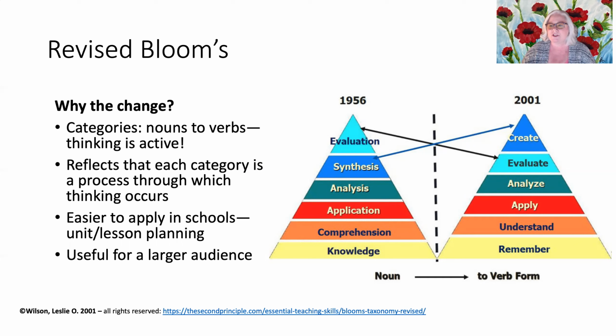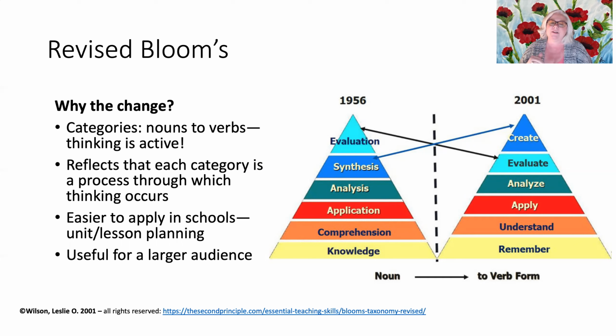So you can see the changes here went, instead of knowledge, it's remember. Instead of comprehension, we had understand. Application, apply, analysis, analyze. And then you'll see the top two were switched in order. So why the change? Here we go.